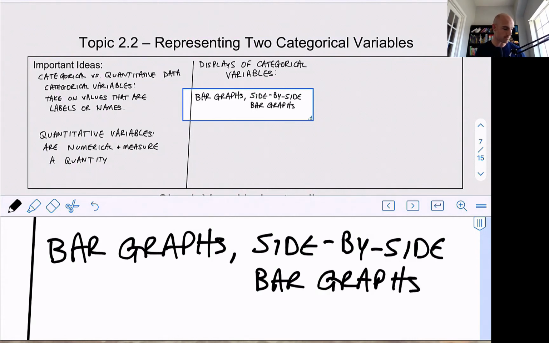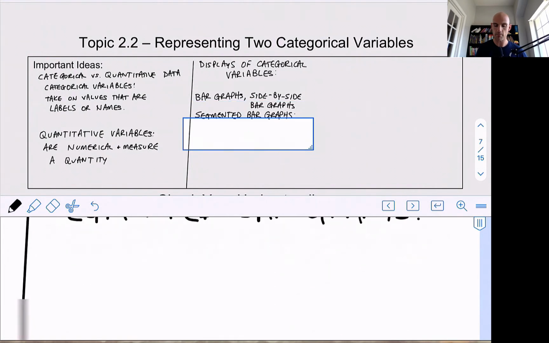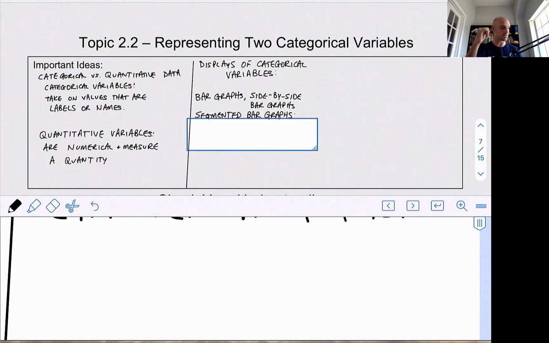You can use segmented bar graphs. And our segmented bar graphs were the ones up top where we had them stacked on top of each other.